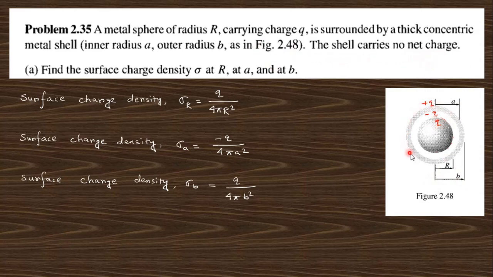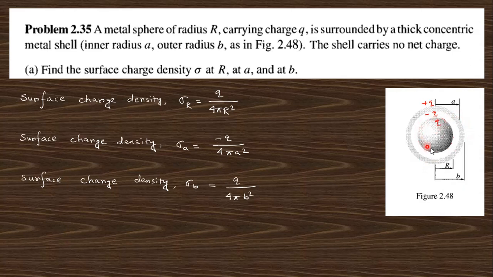This shell has no net charge because if the sphere has charge plus q, then the charge induced on the inner surface of this shell will be minus q. Since there is a charge of minus q induced, obviously there is a plus q charge on the outer surface, such that the total charge of this shell will be 0. Clear?